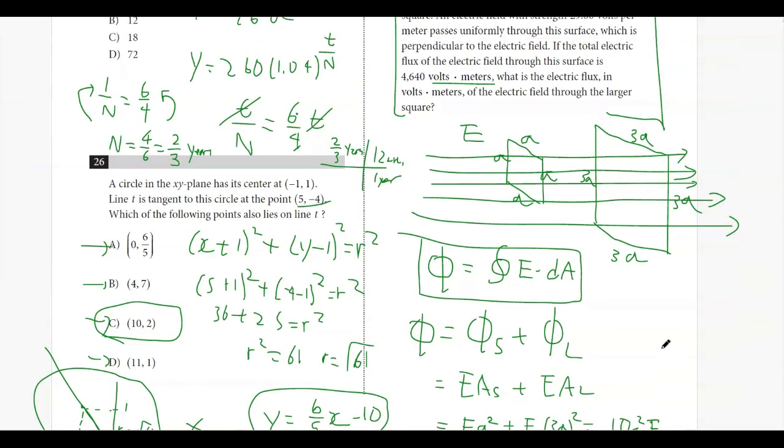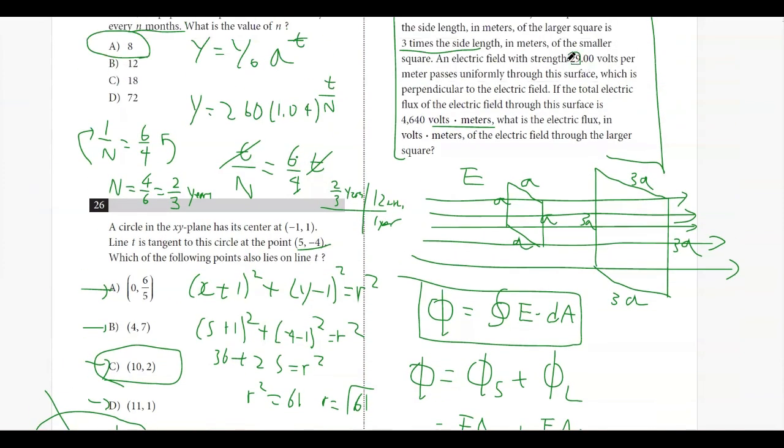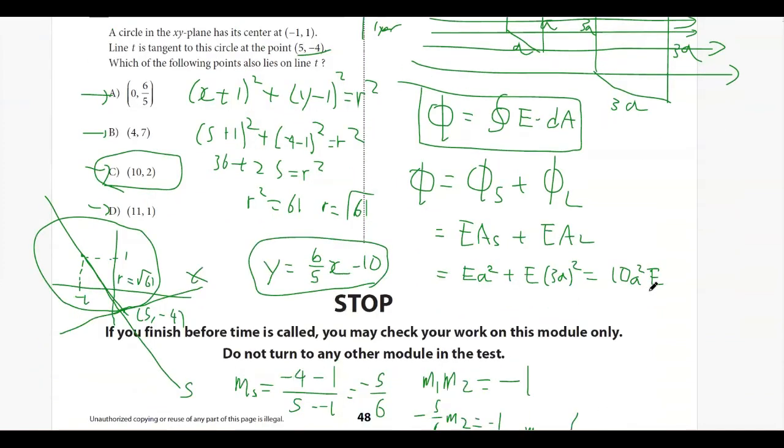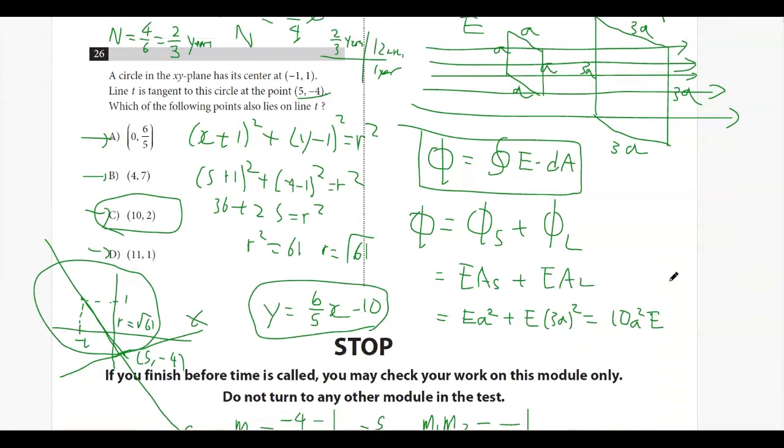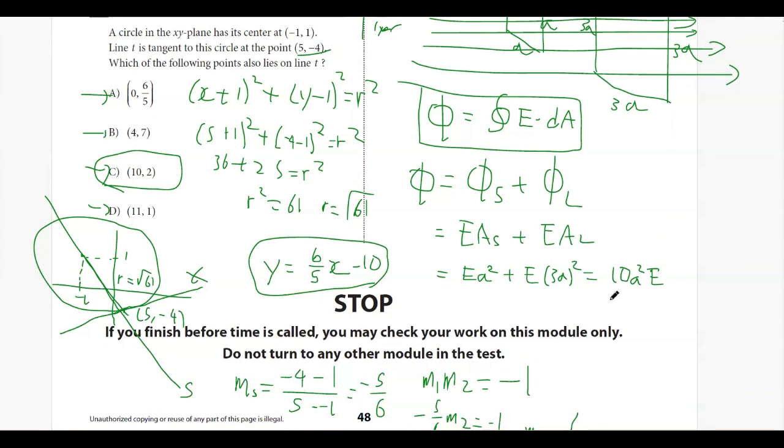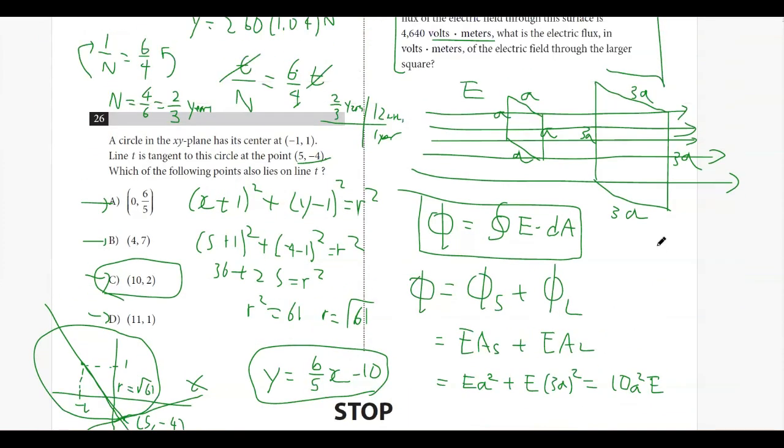And we're given an electric field of 29 volts per meter. So the E is 29. So I can rewrite it as 10 A squared E is equal to 4,640.